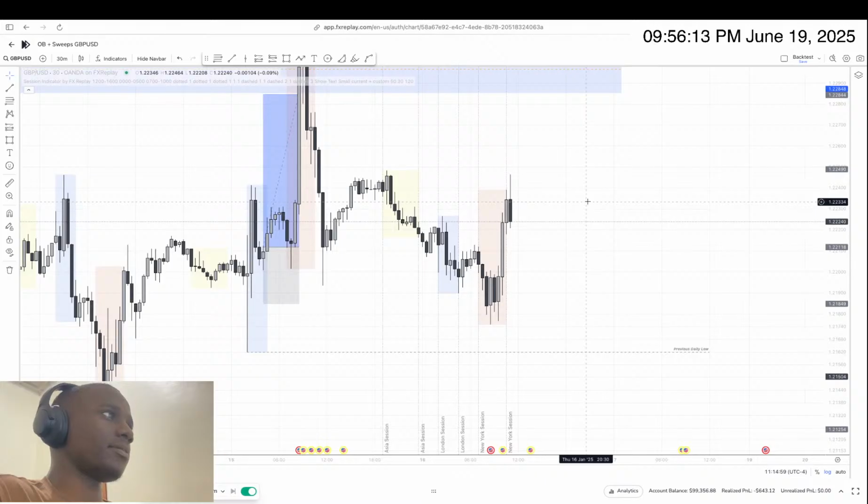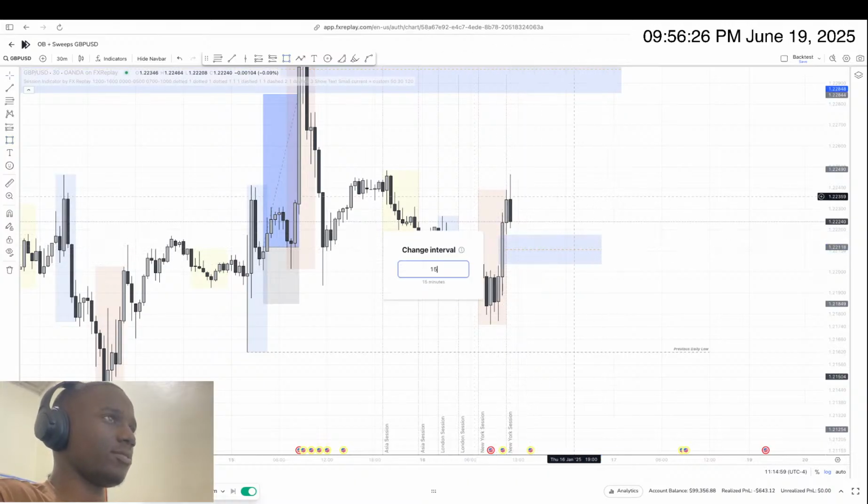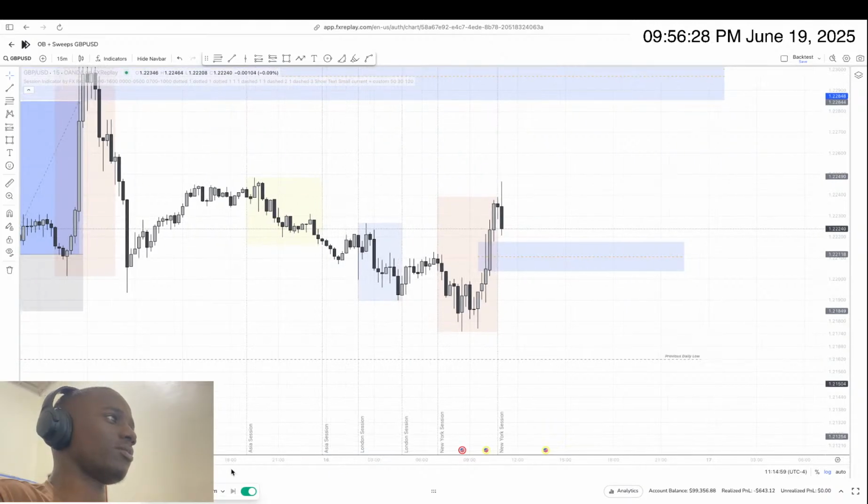So the 30-minute is showing this kind of look. We took out the low here, we shifted structure and created a good fair value gap inside there, and I'd like to see the 15-minute retrace into that as well.